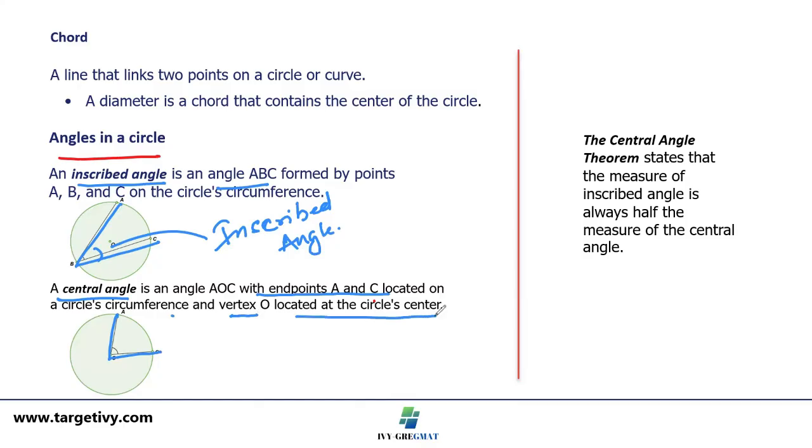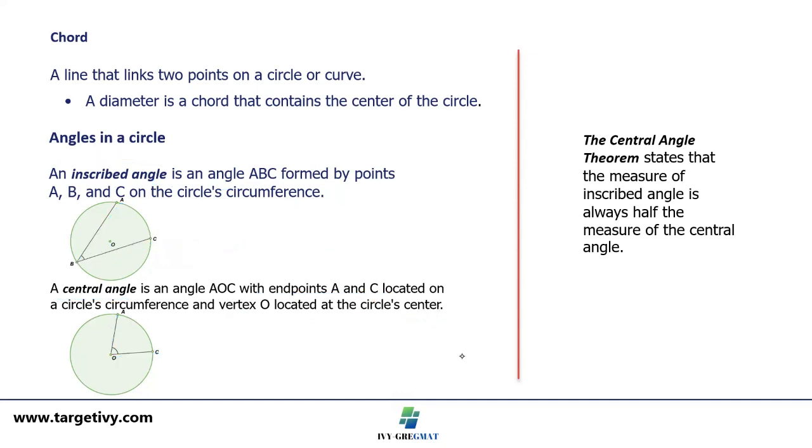Now, with this understanding, something else happens. Whenever there is a circle, the central angle theorem comes into the picture, which states that the measure of the inscribed angle is always half the measure of the central angle. Let's understand it further.